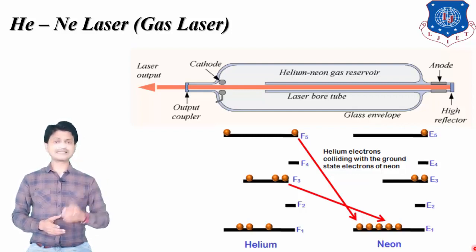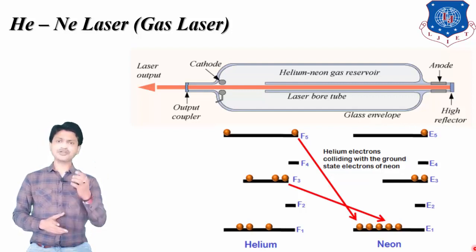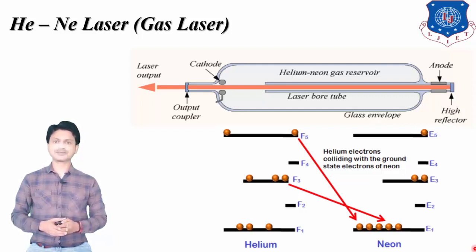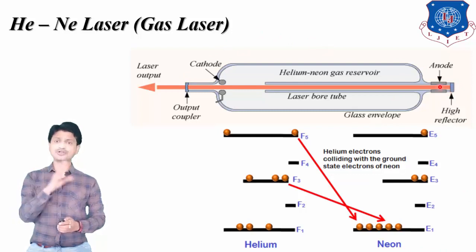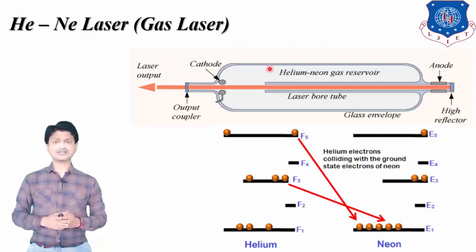Now let's discuss the working of the helium neon laser. In order to achieve population inversion, we need to supply energy to the gain medium. In the HeNe laser, we use high voltage DC as the pump source. This high voltage DC produces energetic electrons that travel through the gas mixture.